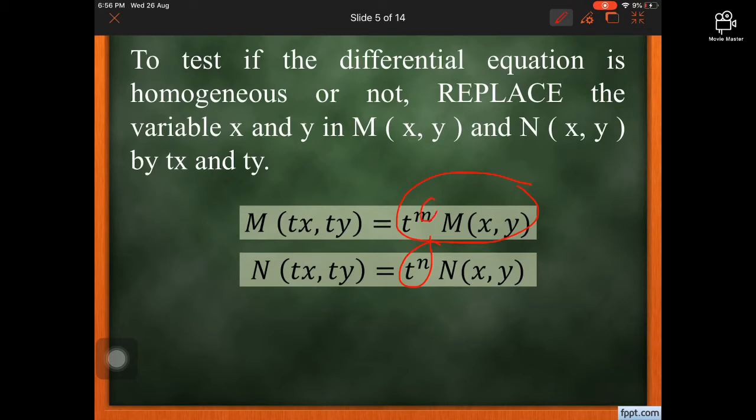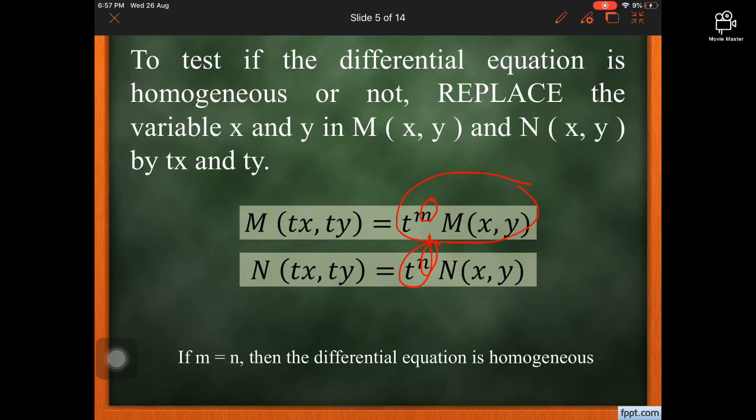The m and n are the power of the variable t, which is the most important part in replacing the functions M and N with tx and ty, because if m and n are equal, then the differential equation is homogeneous.